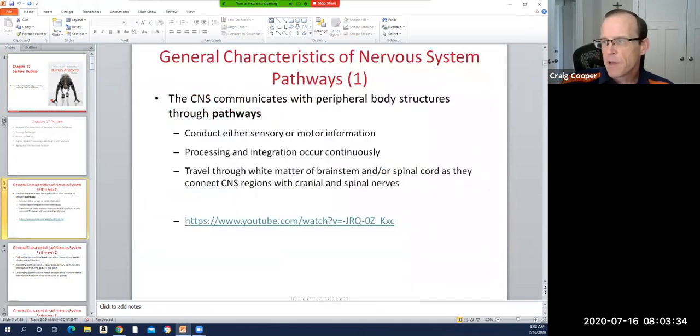This chapter refers to those tracts as pathways, and it's really a synonymous term. Essentially, it's a grouping of axons that have common functionality that are lumped together. It has significance when we have people with spinal cord injuries or spinal cord tumors. If you're getting spinal cord compression from a tumor in a certain area of the spinal cord, it may not affect the entire function at that level.